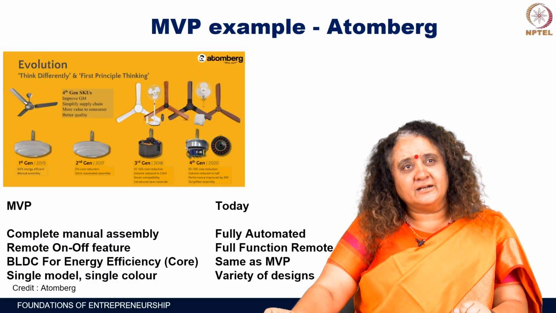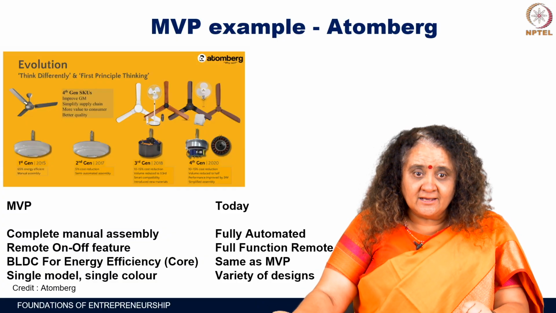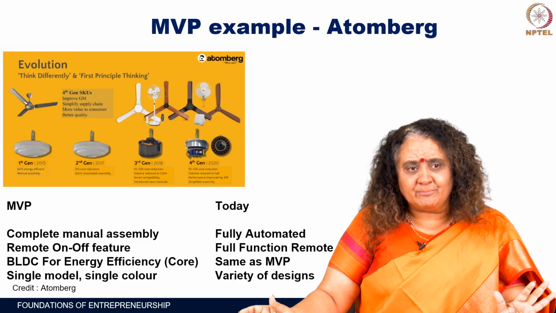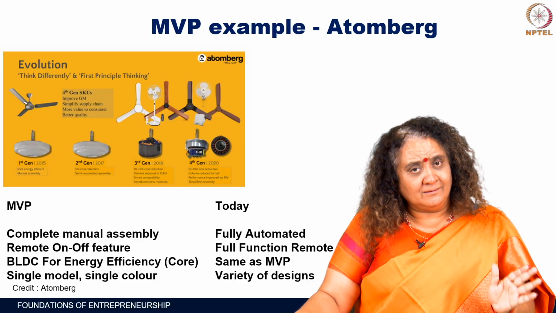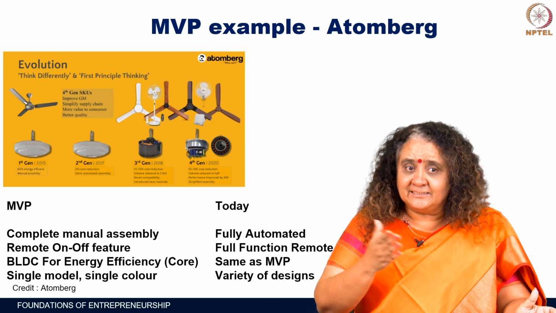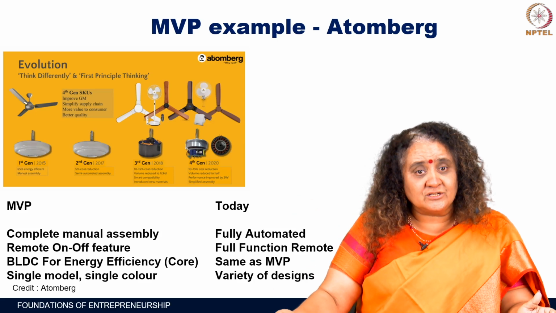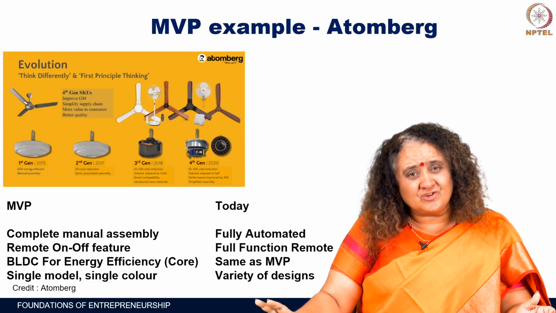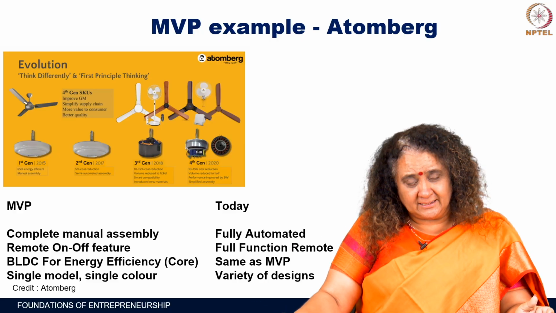They now have a variety of designs which can be bought for not just colors, the shape of fin, the wattage of different fans. So there you can see there are these 3 or 4 generations which are about the motor, but what has changed is automation in their assembly.